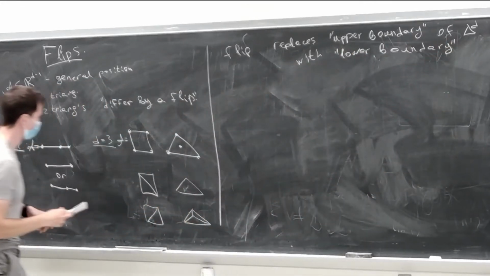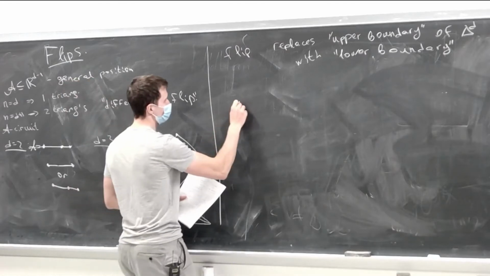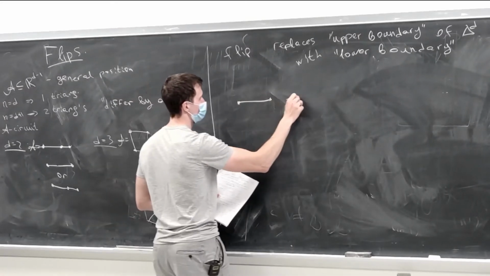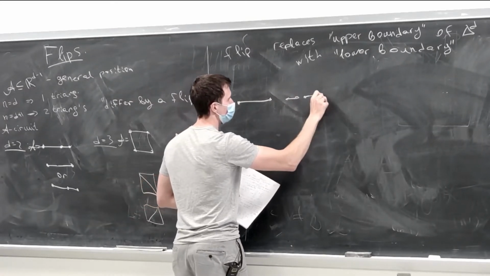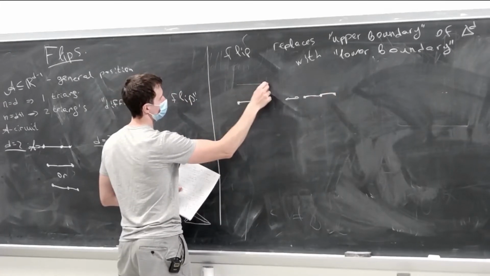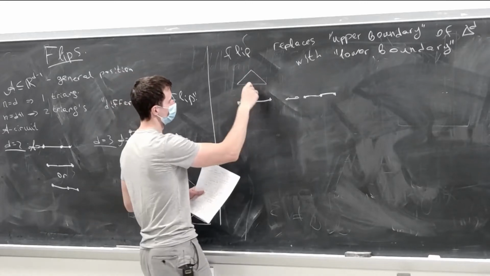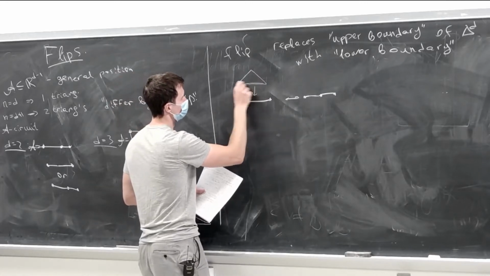And so if you look at these pictures, we have a flip which replaces this triangulation with this triangulation, and what you should think of is that there is a triangle living in one dimension higher, and you project the lower boundary.